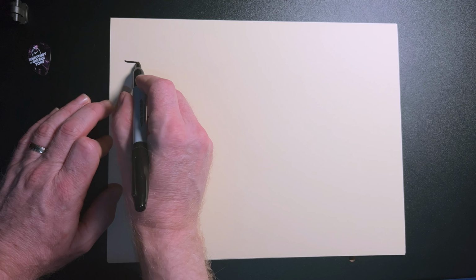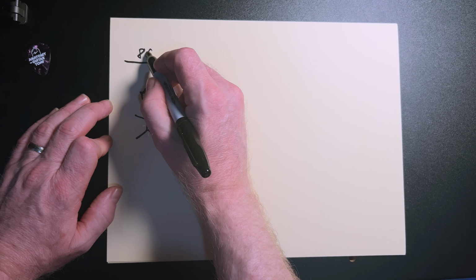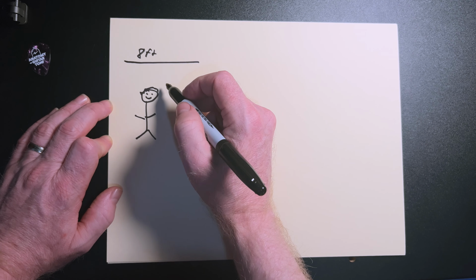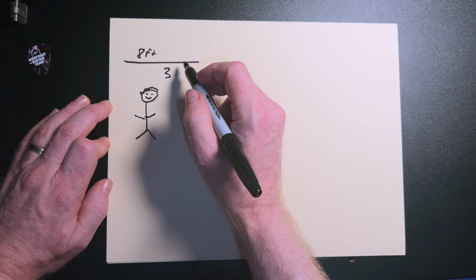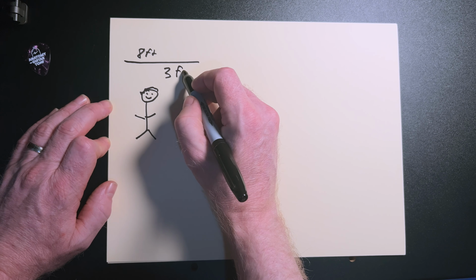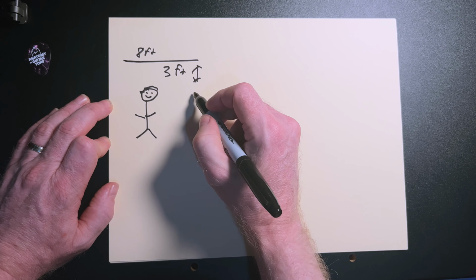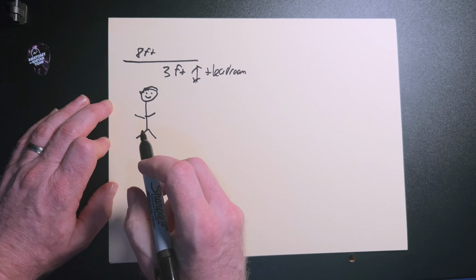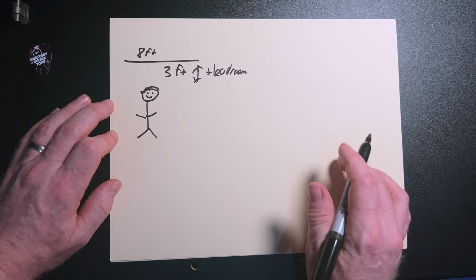So if you were in a room with, let's say, 8-foot ceilings, then with my height, I'm a little taller than 5 foot, but I'm just going to use this as an example, I could have 3 feet of what we call headroom. Meaning that there's 3 feet before my head would hit that ceiling.